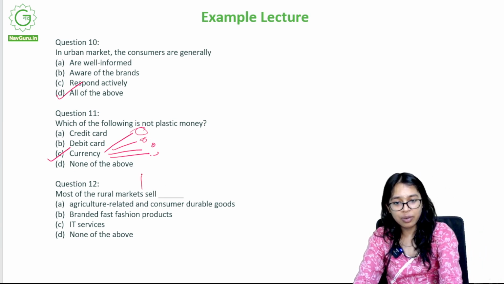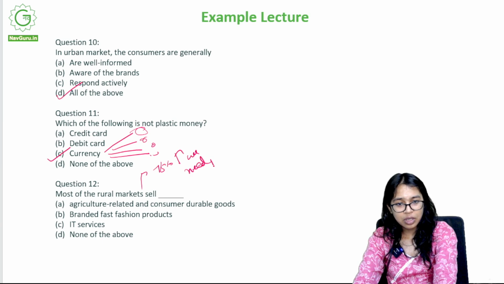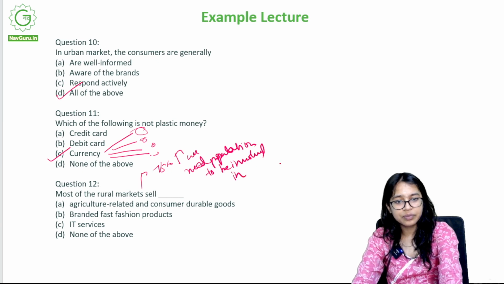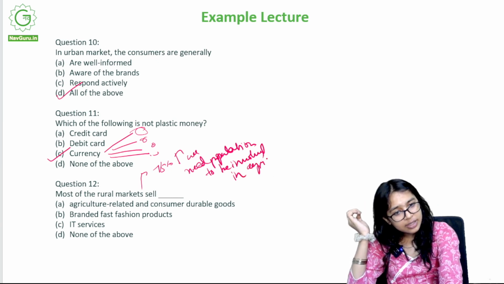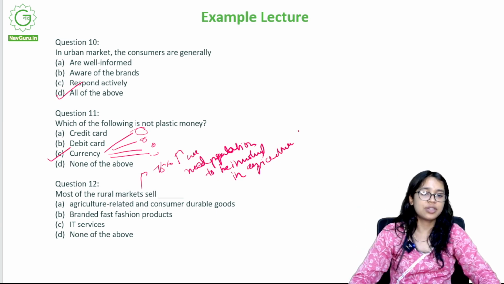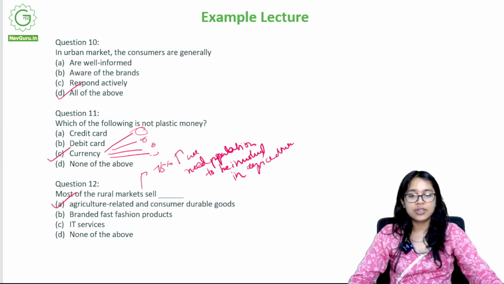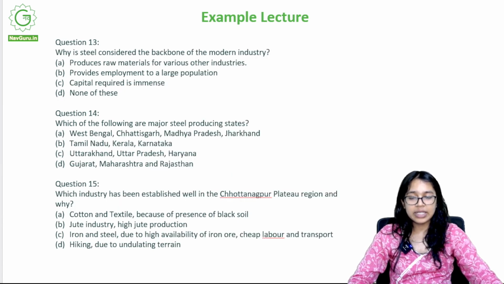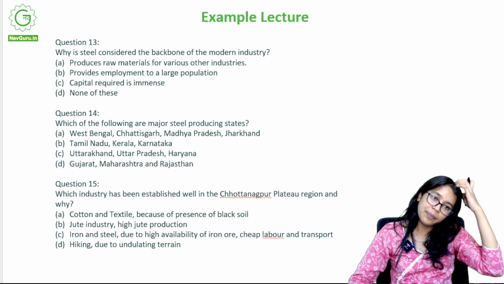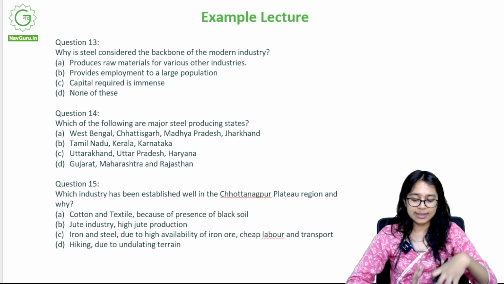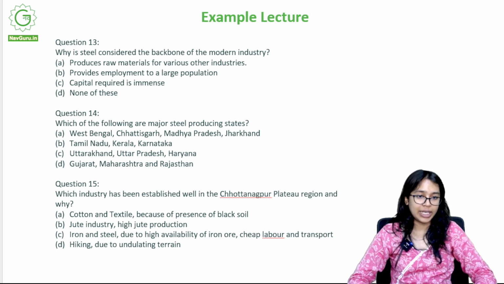Since we know that 75% of the population needs to be involved in agriculture activities for it to be categorized as a rural market. So the right answer is A, agriculture related and consumer durable goods. When we say consumer durable goods, we mean goods that are necessary for a consumer on a daily basis.